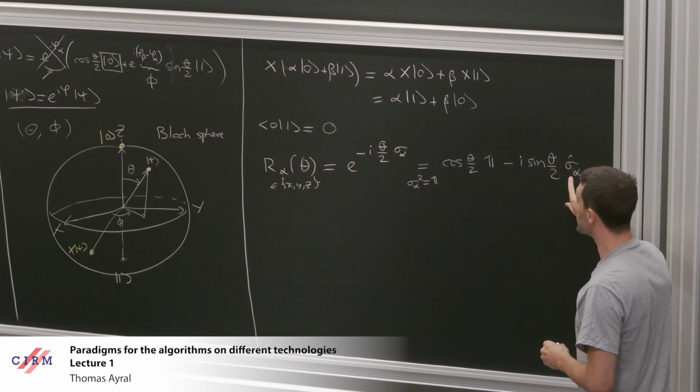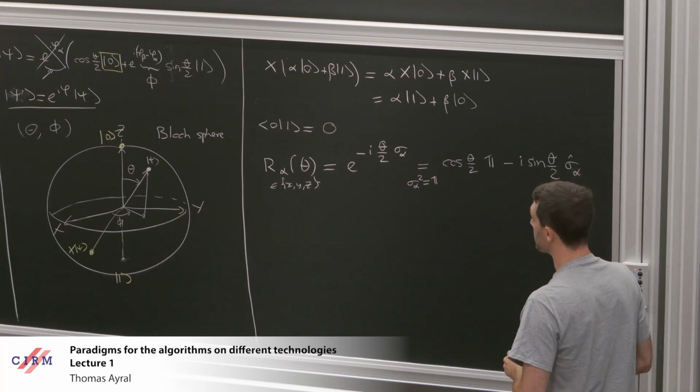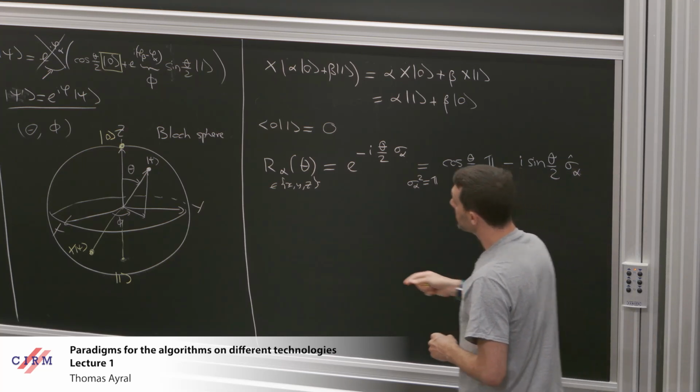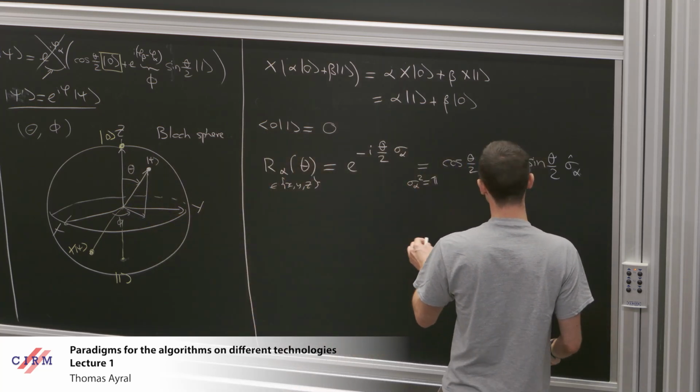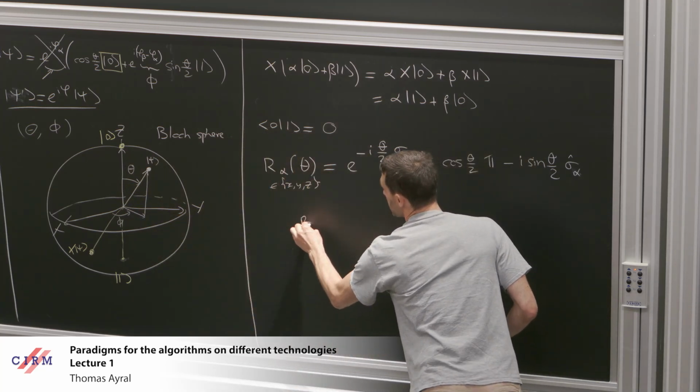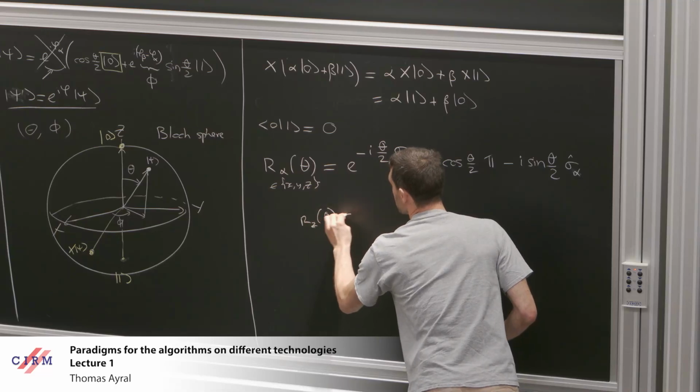For instance, the z rotation, what would it be? Let's do Rz of theta.